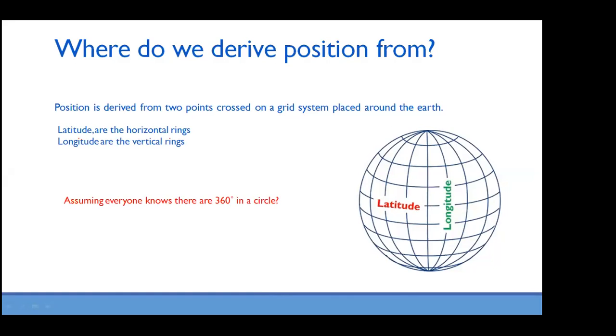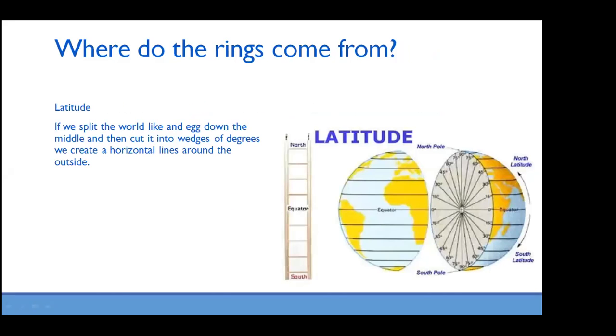Assuming, and this is an assumption, that everybody knows that a circle is 360 degrees. If we take the planet and assume it's 360 degrees because it's a circle, where do we get our latitude from? If we split the planet down the middle, take the center of the Earth as our central point.